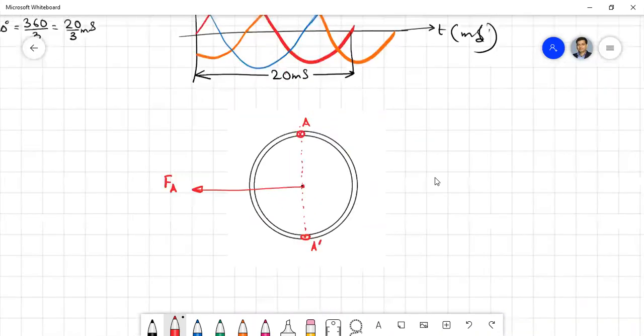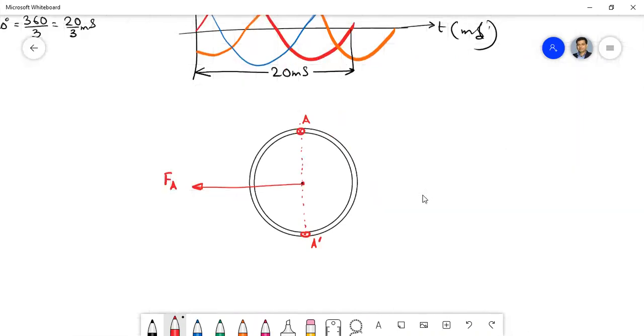Then I have drawn the stator part of the three-phase induction motor. As you know, any rotating machine will have a stator and a rotor. So I have drawn only the stator part of the machine, and there I have drawn only one coil out of three coils. I have assumed that this coil is made of only one turn and one conductor.